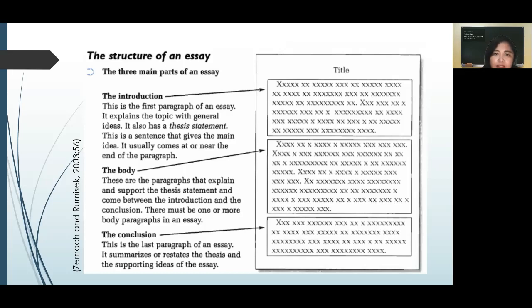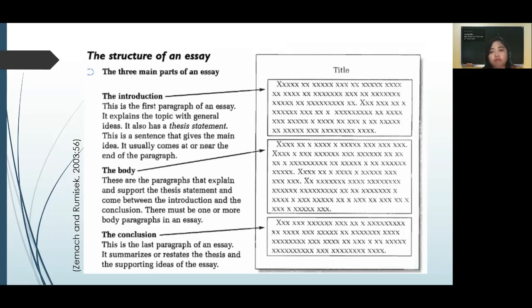The third part of an essay is the conclusion, or the concluding paragraph. Its function is the same as the concluding sentence in a paragraph. This is the last paragraph of an essay, and it summarizes or restates the thesis statement and the supporting ideas of the essay.